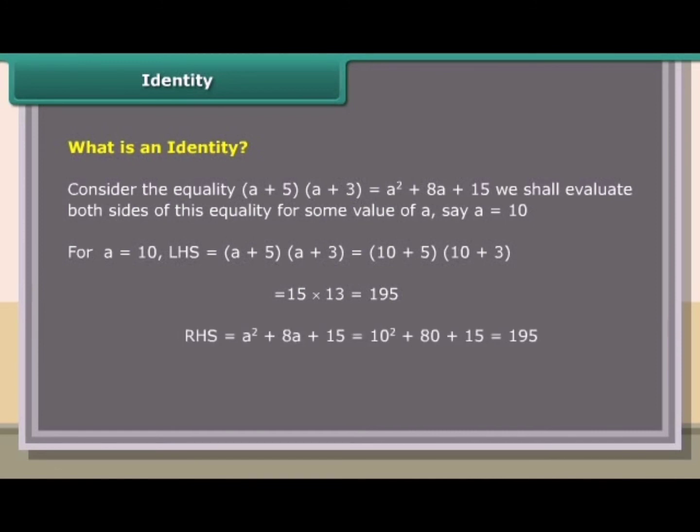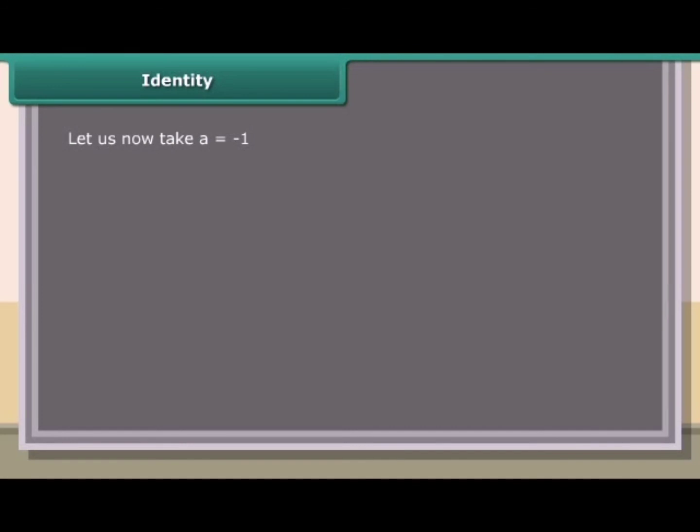RHS is equal to a square plus 8a plus 15, which equals 10 square plus 80 plus 15 is equal to 195. The values of the two sides of the equality are equal for a is equal to 10. Let us now take a as minus 1. LHS is equal to (minus 1 plus 5) into (minus 1 plus 3) is equal to 4 into 2 is equal to 8.